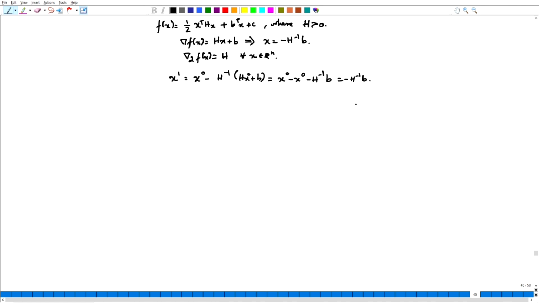So what does this tell us? If you want to minimize a quadratic function with any arbitrary initial point x naught, use Newton's method, and it gives you the answer in just one step.